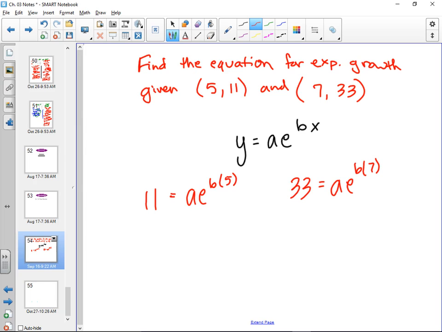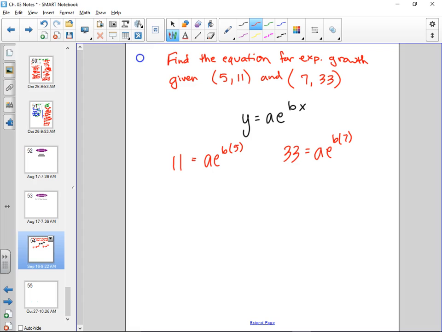Substitution, right? What's going to be the easiest thing to solve for over there? Yeah, A is the easiest thing to solve for. B is kind of stuck right now. So can't we solve for A by dividing 11 by, move them over, e to the, I don't like that. Can I just write it 5 times B?